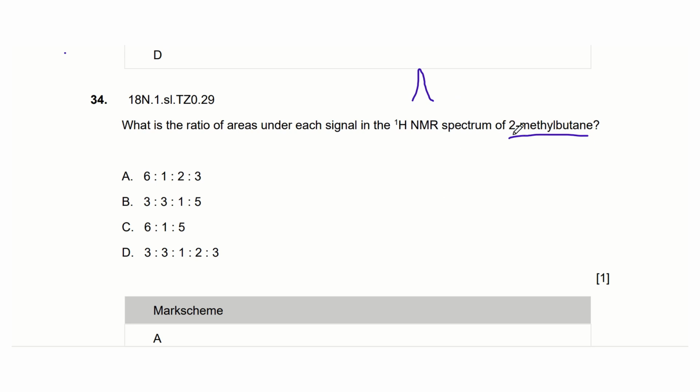So I have a molecule that is 2-methylbutane. First of all, I draw my longest chain, which is a butane. So this means that I have 4 carbons. And I know that at position 2, I have a methyl, so I draw my methyl. And then the rest of the molecule is going to be made up of my hydrogens around the carbon.